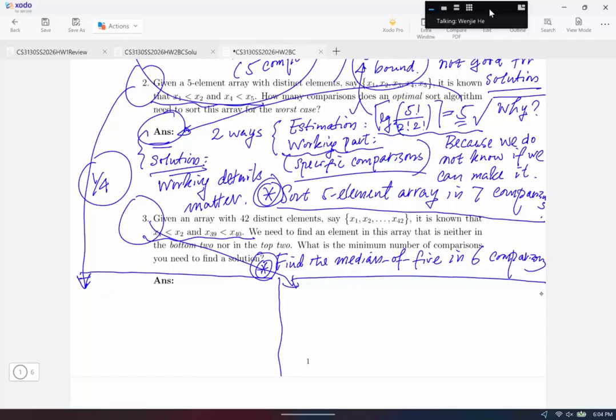For these two questions, round 1, the first part, is similar. That's the tournament method.